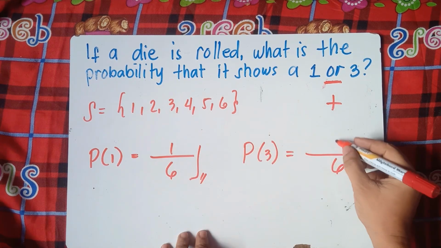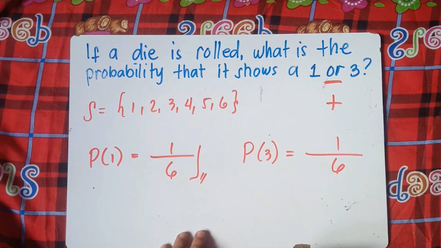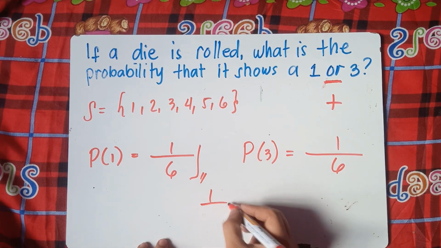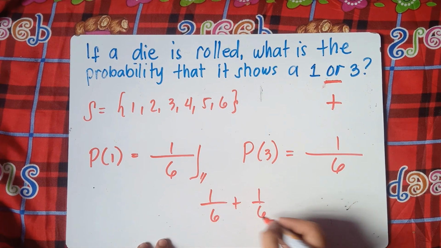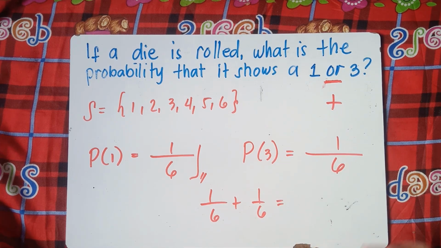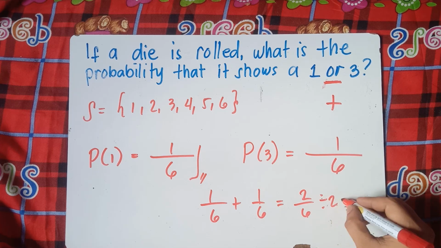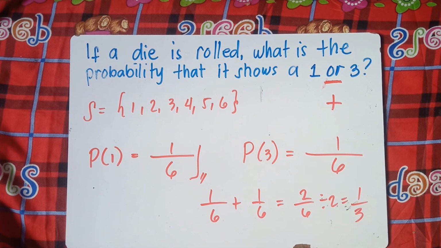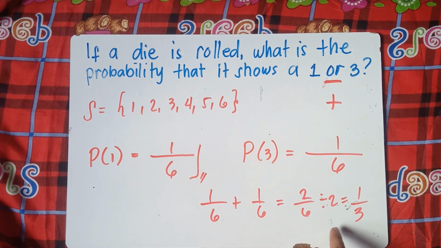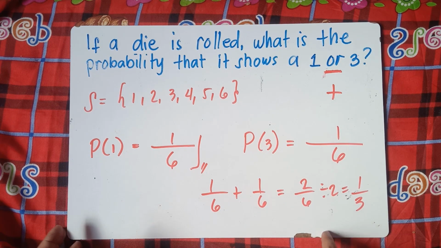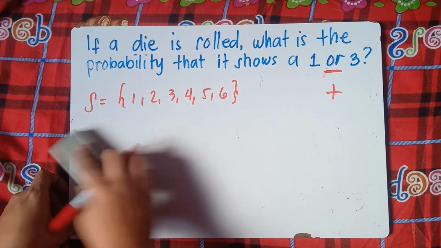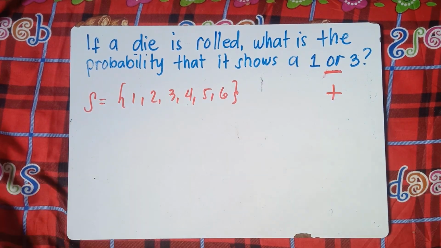So 1 over 6. If you add 1 over 6 plus 1 over 6, that's 2 over 6. Or divided by 2, that's 1/3. That's the answer. Reduce the fraction to the lowest term. Always reduce, class. Always reduce the fraction to the lowest term. It's mandatory. So 1/3.